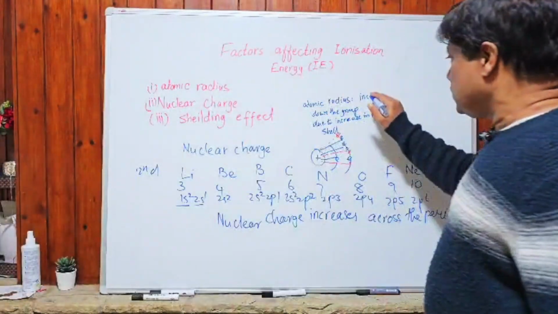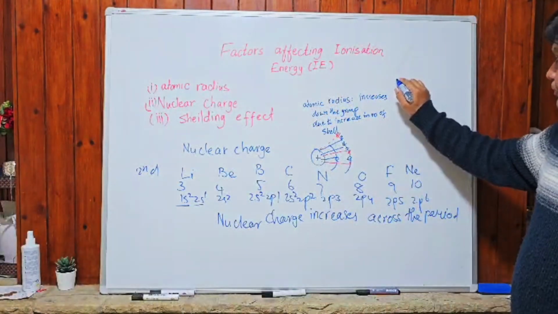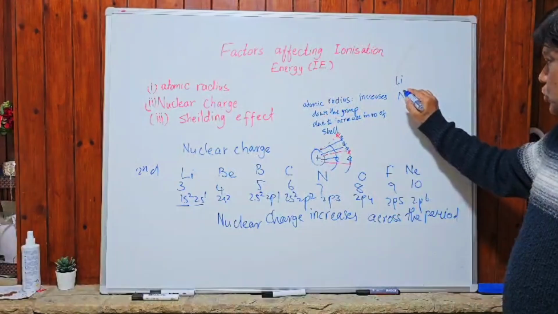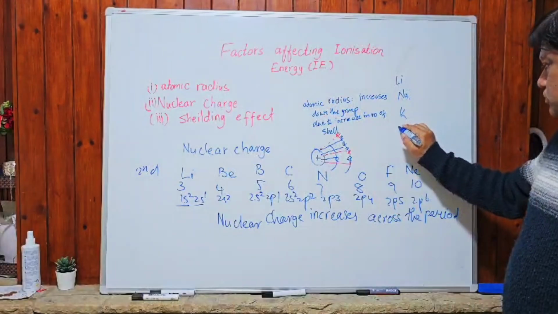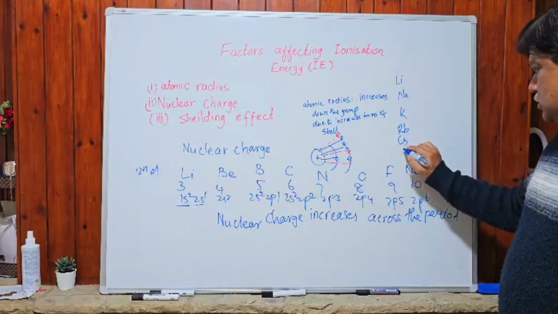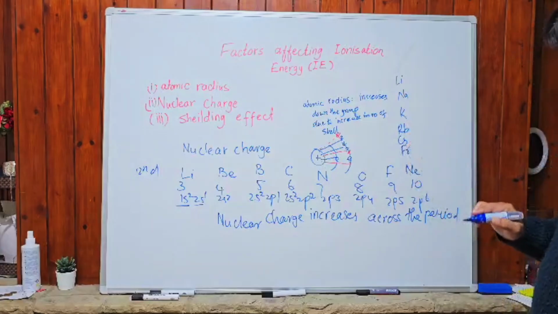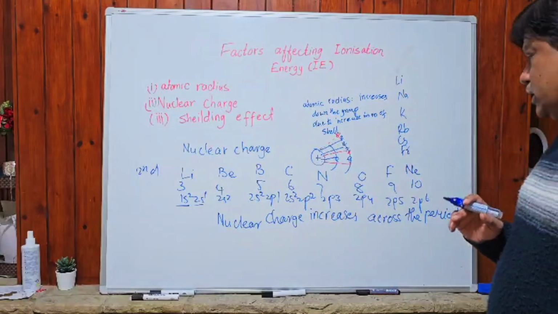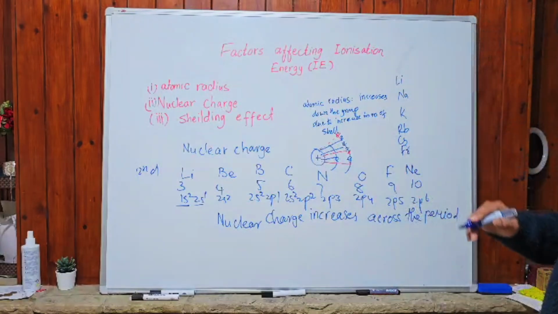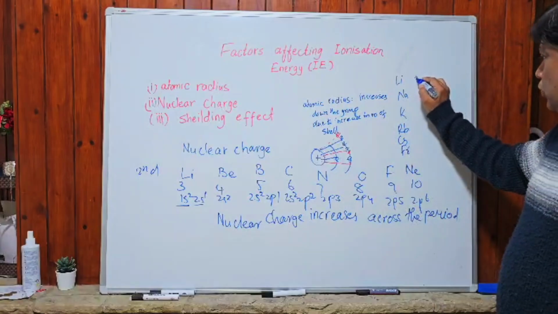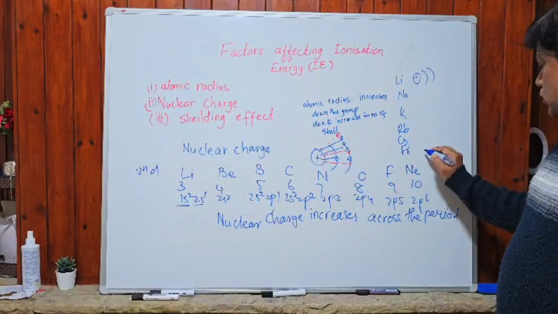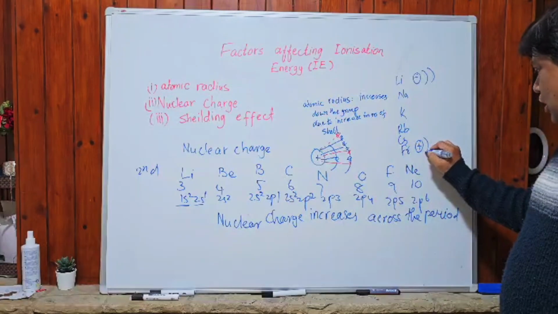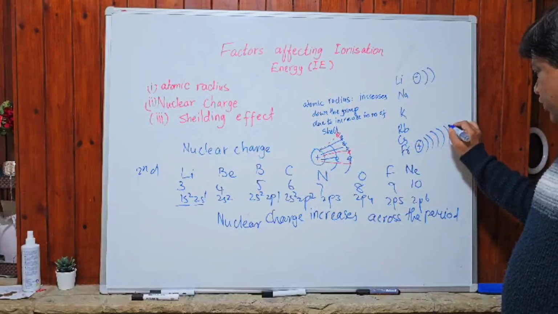Nuclear charge down the group. Look: lithium, sodium, potassium, rubidium, cesium, francium. Francium is the biggest in terms of size in the periodic table. It has 7 shells: 1, 2, 3, 4, 5, 6, 7.